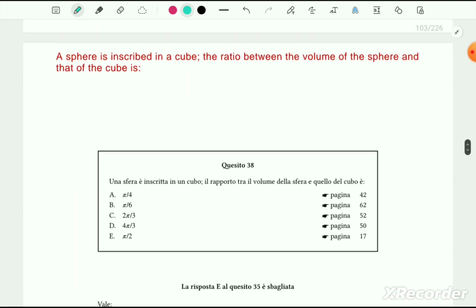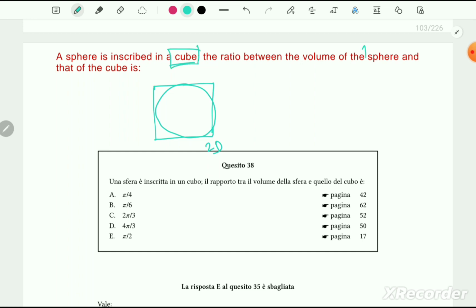Next problem. A sphere is inscribed in a cube. The ratio between the volume of the sphere and that of the cube is. A similar problem we have solved before, where a circle was inscribed in a square, but that was 2 dimensional. Here the problem is in 3 dimensions.